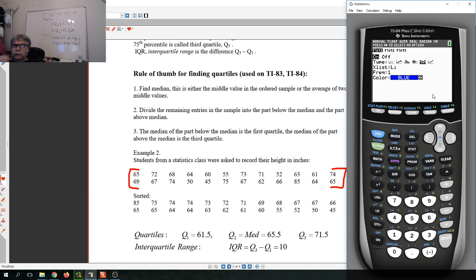My box plot on the board was just black and white. Let's use red just for fun. Okay, I have to use the arrow here. I'm used to working on computers, so I thought I could maybe do it on the calculator, but of course the calculator doesn't have a touch screen.